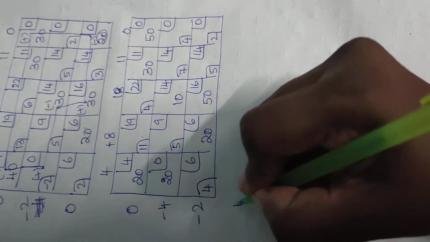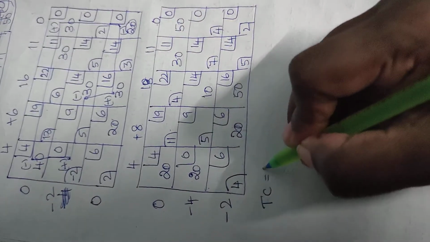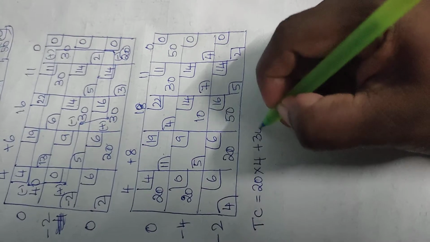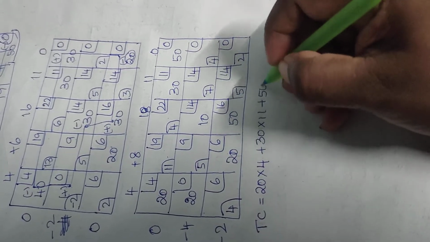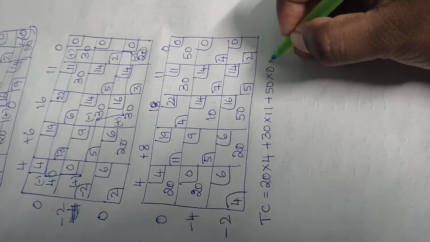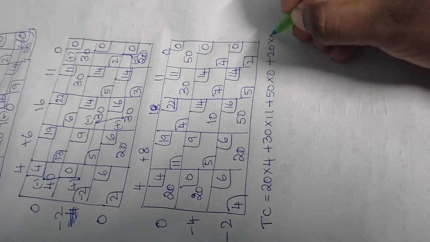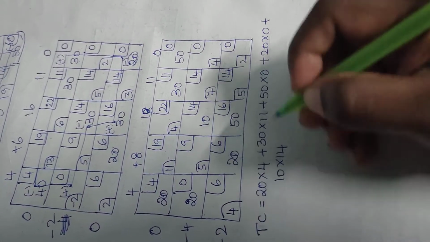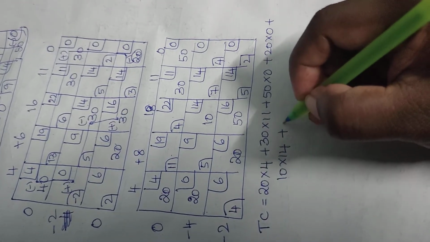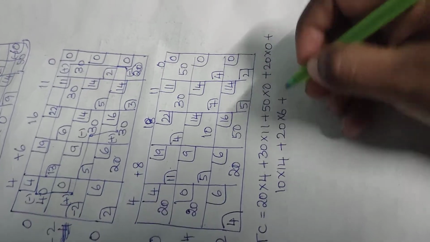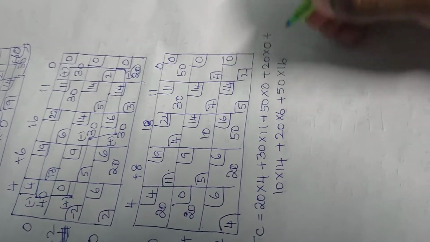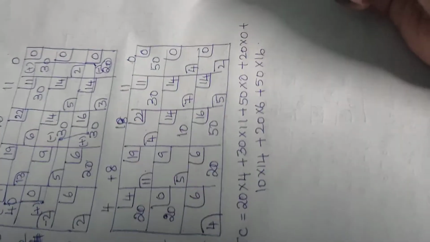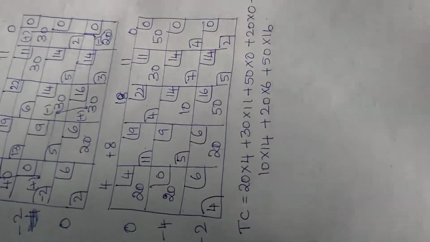So now all I have to do is find my transportation cost, and I'm going to start: 20 into 4, 30 into 11, 15 into 0, plus 20 into 0, plus 10 into 14, plus 20 into 6, plus 50 into 16. 1, 2, 3, 4, 5, 6, 7. So this is the way to do it actually.